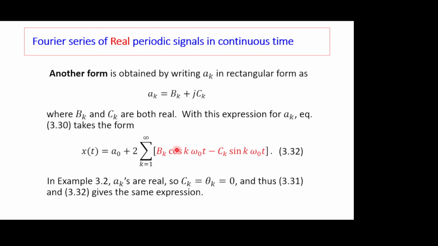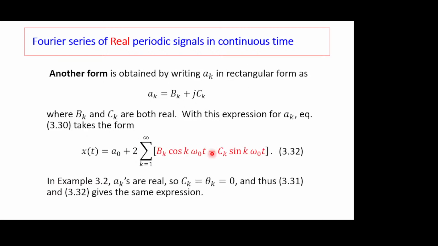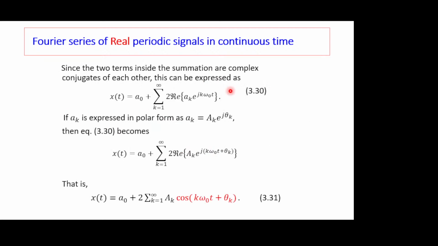And here you have b_k and c_k. So for every k there are two real variables here, and two real variables there. They correspond to each other, because it's basically the rectangular form and the polar form of your a_k. Okay.